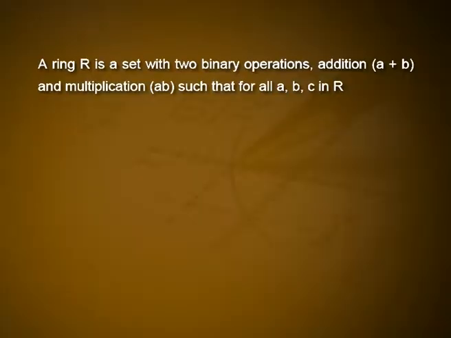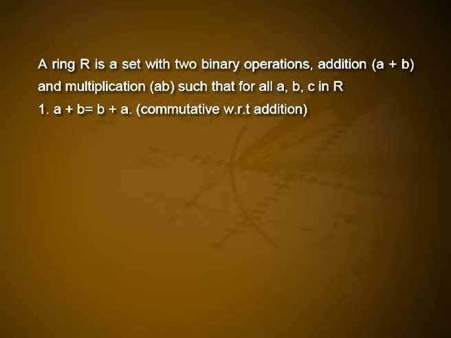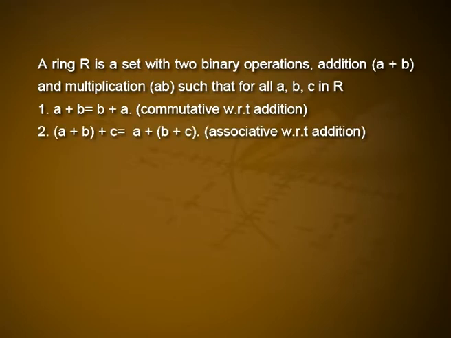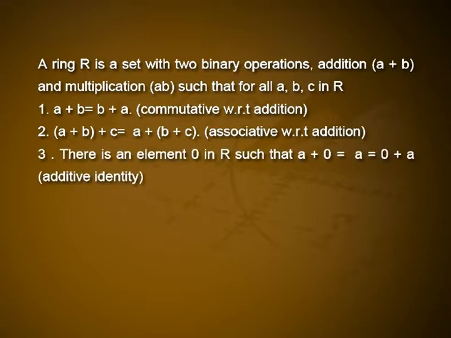Definition: a ring R is a set with two binary operations, addition a plus b and multiplication ab, such that for all a, b, c in R: a plus b is equal to b plus a, commutative with respect to addition. (a plus b) plus c is equal to a plus (b plus c), associative with respect to addition. There is an element 0 in R such that a plus 0 is equal to a, additive identity.